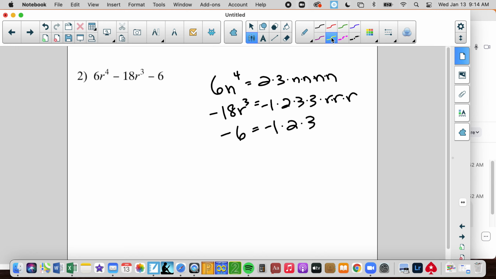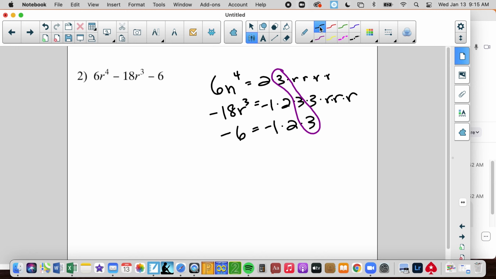They have a 3 in common. I called them n's, but let's make them r's real quick. You probably saw that and said, why is he making those n's? Those should be r's. And that's all they have in common. Yes, these two have negatives, but this doesn't have a negative. Yes, these two have r's, but this doesn't have an r. So we can only take out a positive 3.